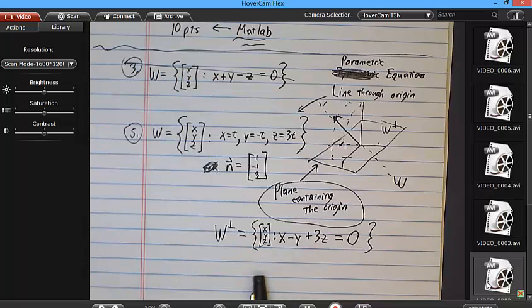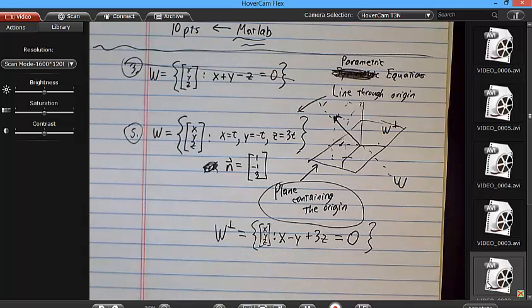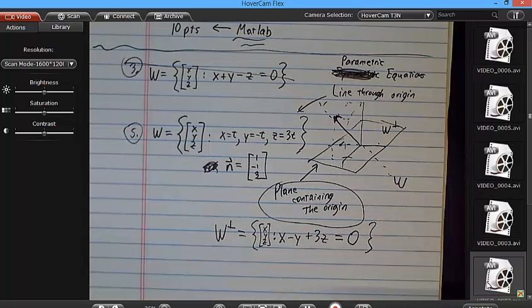I don't know. How about I put 3, 0, -3, 0, 1? That would work. Get two vectors. And then if I said find an orthogonal basis, well, now that you know Gram-Schmidt, you could do that also. And that would be good for projecting onto W and W perp like we do later.